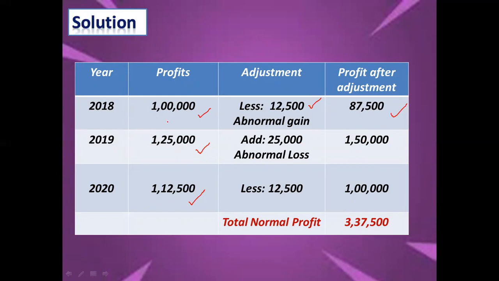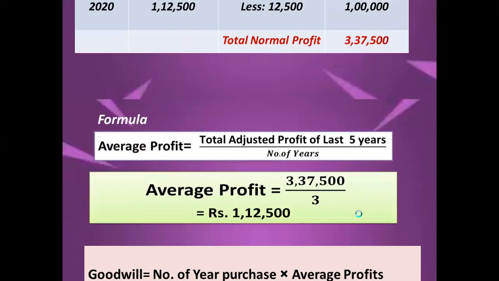In this figure, an abnormal loss is included. That has to be added back because we are not considering it, so we will add 25,000. It comes to 1,50,000. And in this figure, 12,500 was not included. It means it has to be deducted because the insurance premium belongs to that time. So we will deduct this amount, and the actual profit comes out to 1 lakh. So we will take a total of all the 3 and it comes to 3,37,500.